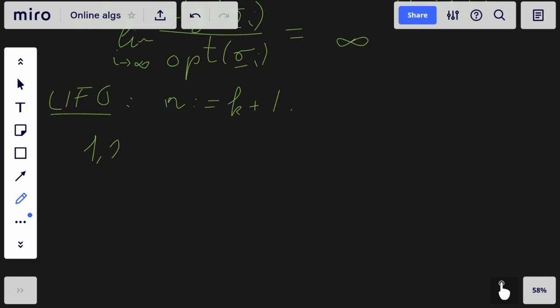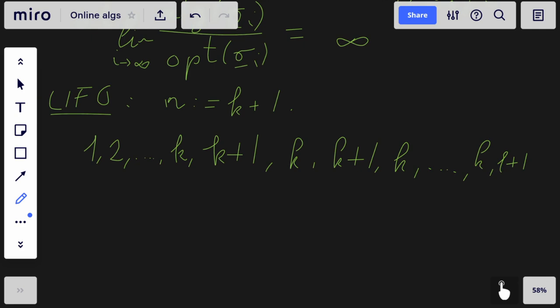And let's just first load the cache with 1 up to k, and then k plus 1 arrives, and then k arrives, and then k plus 1 arrives, and then k arrives again, and so on, and again k arrives, and again k plus 1 arrives.